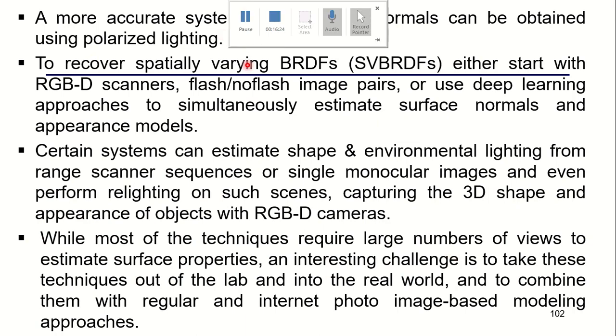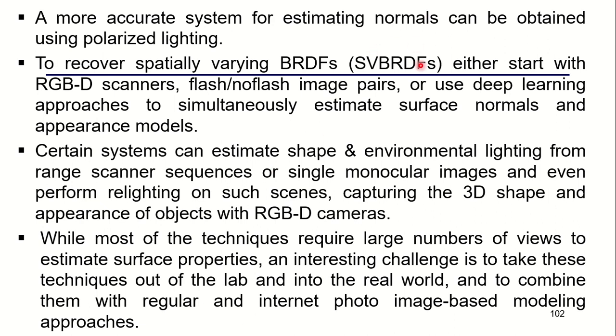A more accurate system for estimating the normals can be obtained using polarized lighting. To recover spatially varying BRDFs, that is SVBRDFs, either start with RGBD scanners, flash or no flash image pairs, or use the deep learning approaches to simultaneously estimate the surface normals and the appearance models.